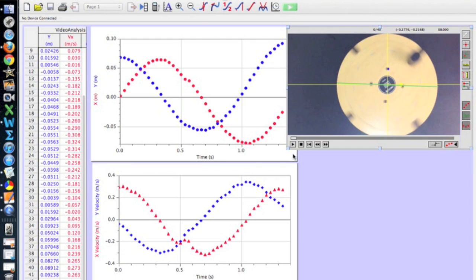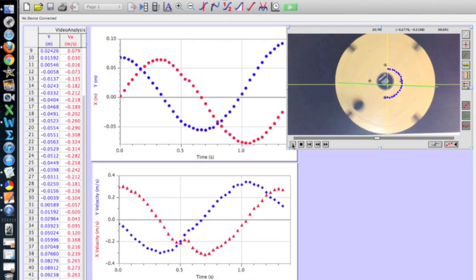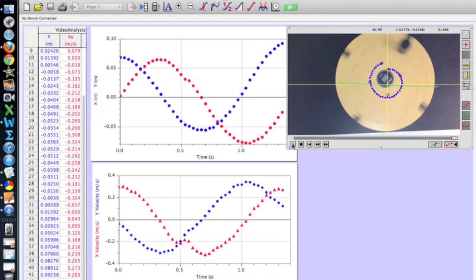Now the cylinder is on the disc, and the disc is going to go around in a circle. Notice the sine wave form of the x and the y axis for the circle, and notice that for the velocity, that's the graph right below. And now we're going to compare that to the same motion viewed from the side.